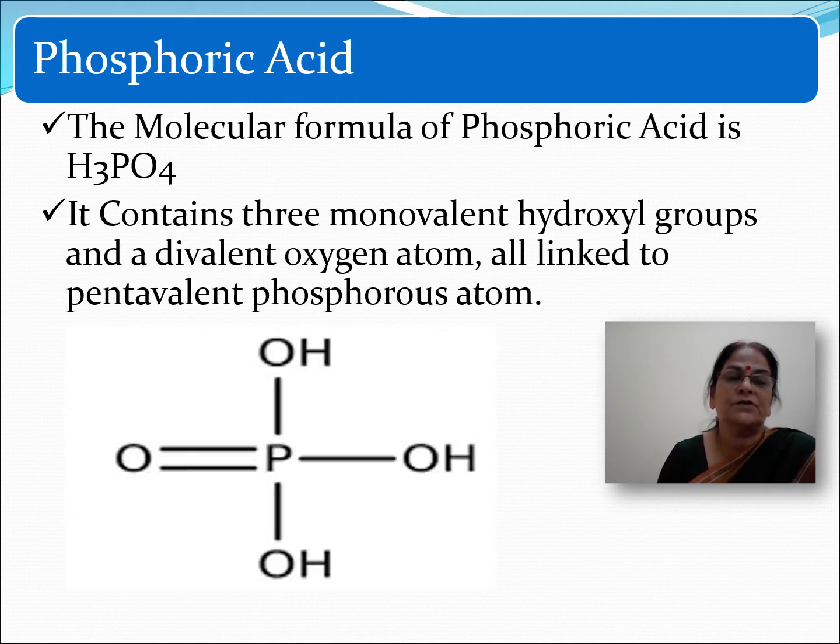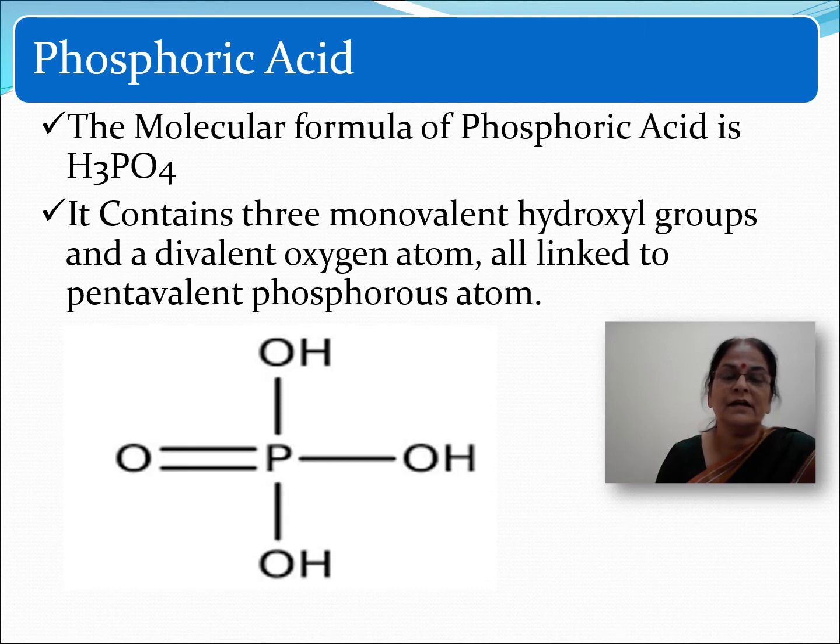Now this is H3PO4, phosphoric acid. As its structure shows, it contains 3 monovalent hydroxyl groups and a divalent oxygen atom. 2 of the hydroxyl groups are utilized in the formation of diester bond. Through these ester bonds or ester linkages, they link this phosphoric acid to sugar.